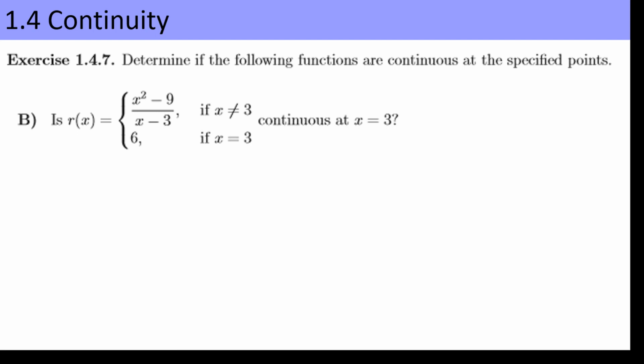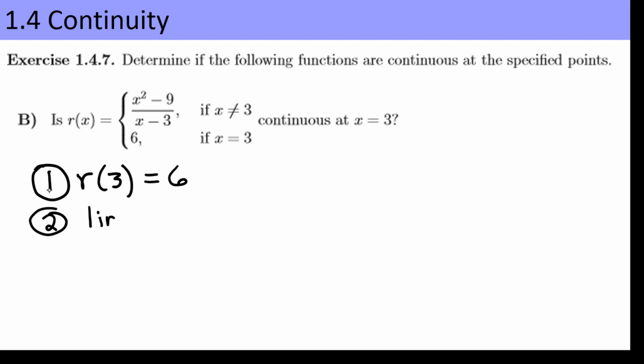We are first concerned with, does the function exist when x is 3? Yes, it is defined: if x equals 3, then the function equals 6, the second piece. And second, does the limit exist? We've got a couple of things to consider. And on this one, we don't approach from the left or the right because we're just concerned with whether or not the limit exists.